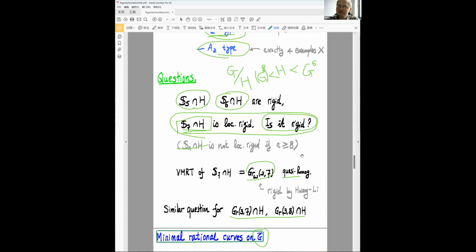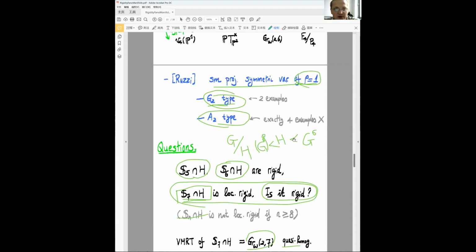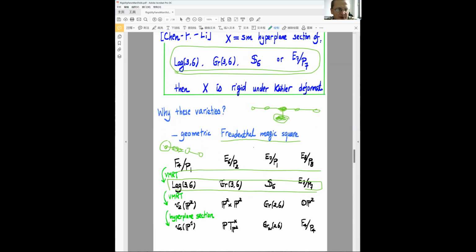Other questions? Maybe I have a couple of very short questions. At some point you took this magic square, took the second line, and studied hyperplane sections. What would happen if I took the first line instead of the second one and asked the same question?